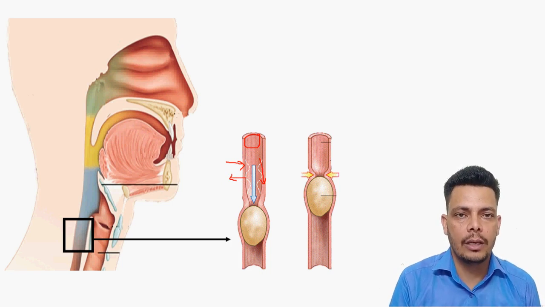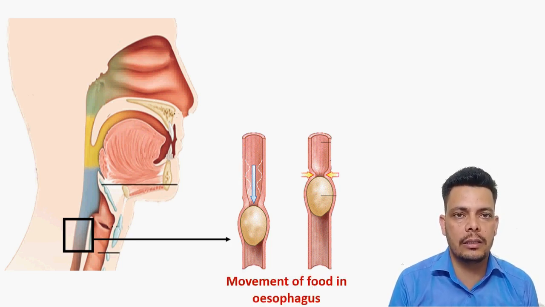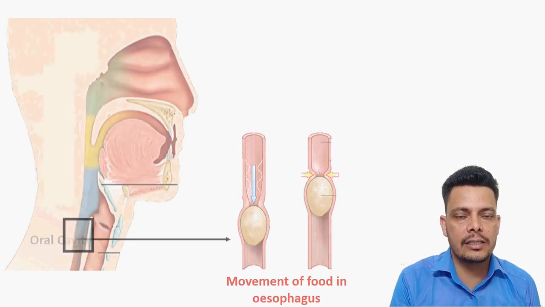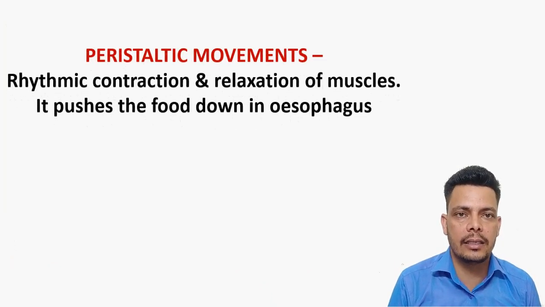In the same way, these muscles contract and relax rhythmically and the food is pushed down. This process of contraction and relaxation rhythmically is known as peristaltic movements, and this process is known as peristalsis. So by the peristalsis, the food goes into the stomach.